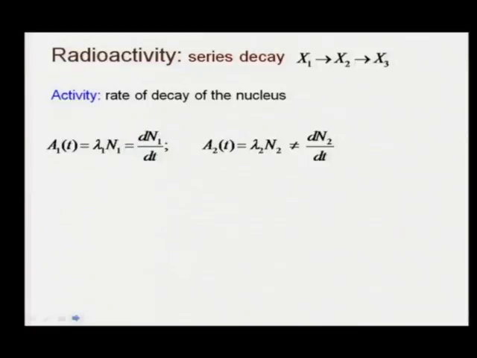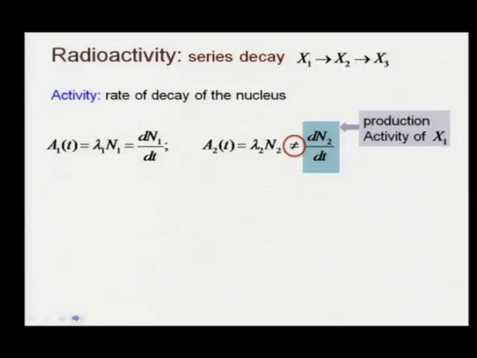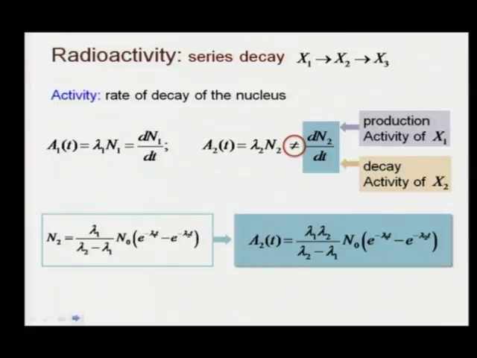But that is not equal to dN2 by dt, because dN2 by dt has two parts in it. One is due to the production of X2 type of nucleus coming from decay of X1, and the other is reduction because of the activity of X2.